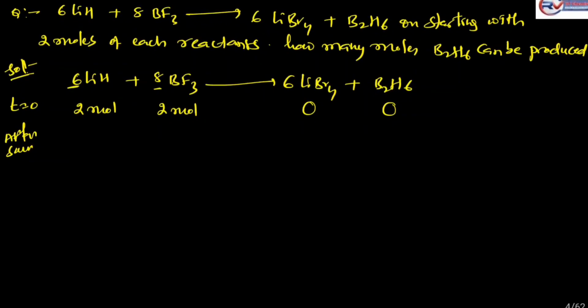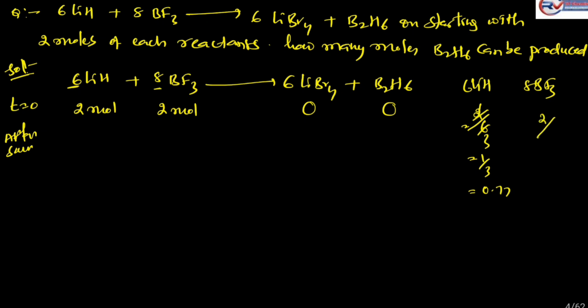Let's find the limiting reagent. Lithium hydride is 6 and boron trifluoride is 8. Number of moles is 2, stoichiometric coefficient is 6, so it becomes 1 by 3, which is 0.33.